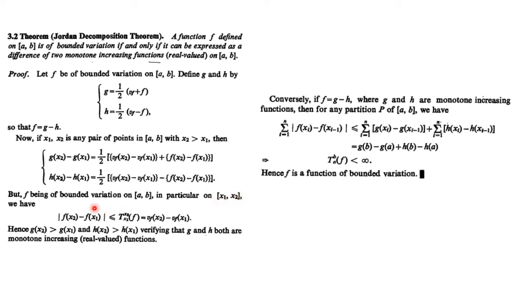Then this will be less than or equal to the total variation over x1 to x2, and clearly the total variation can be written as the variation function at x2 minus the variation function at x1, just by the definition of the variation function.